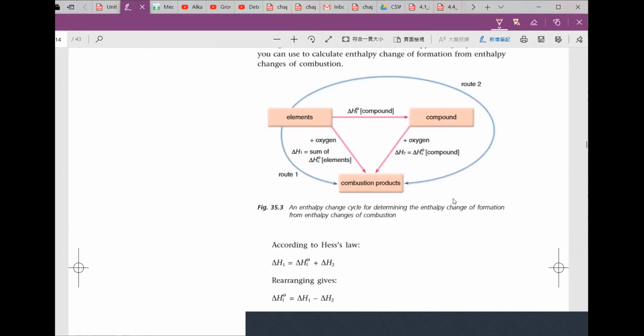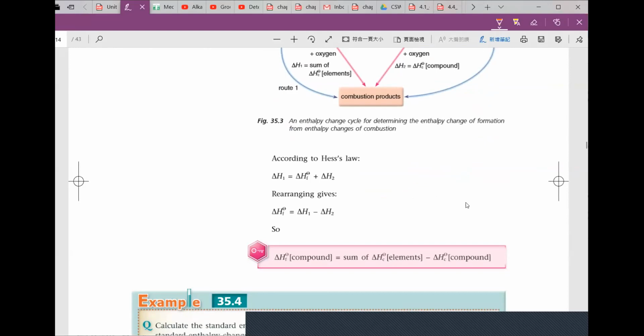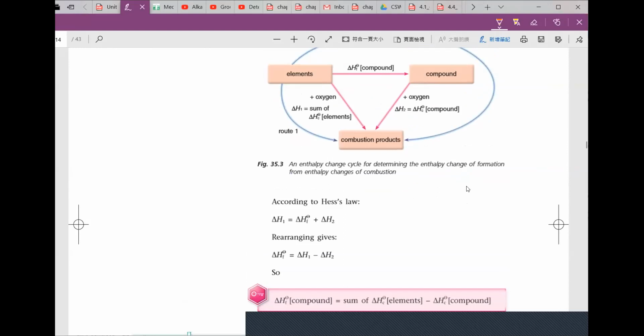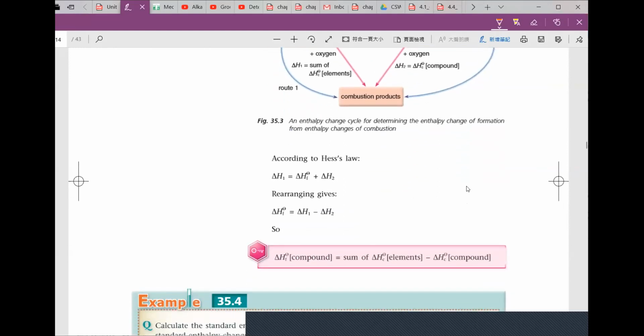Which is the delta H of the reaction of a compound. It's just the combustion of those terms. So you can generalize it as delta H of the reaction is the sum of the delta H of the combustions of the reactants, minus the sum of the delta H of the combustion of the products.